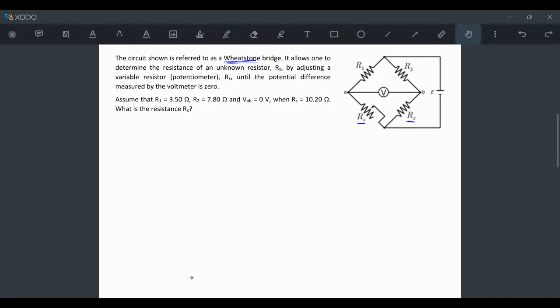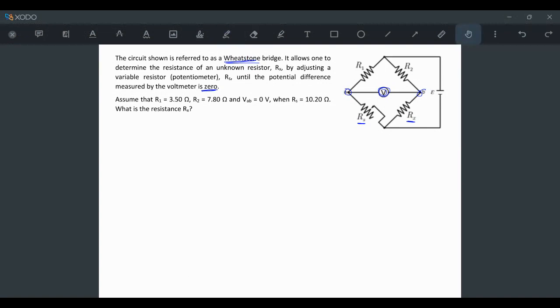This is actually a physical circuit element. It has a knob on it. You can turn the knob, and it will change the resistance. So what you do is you change this resistance Rs until the voltmeter, which is in the center of the circuit here, reading across terminals A and B, measures a potential difference of 0. And we can use that to figure out what Rx is.